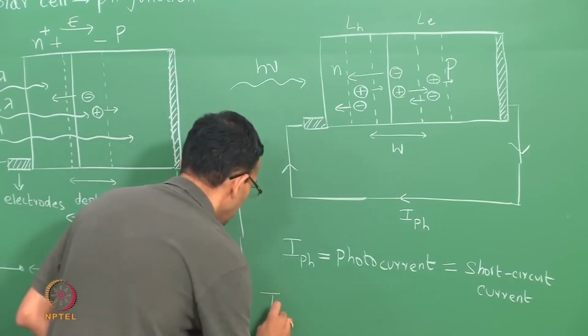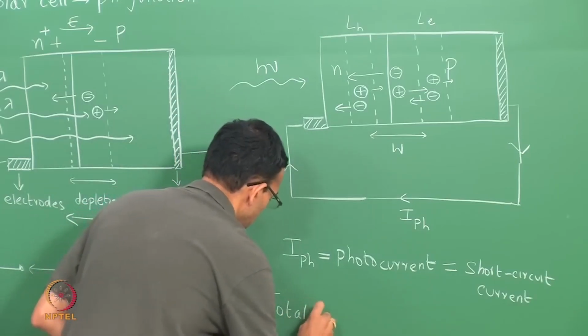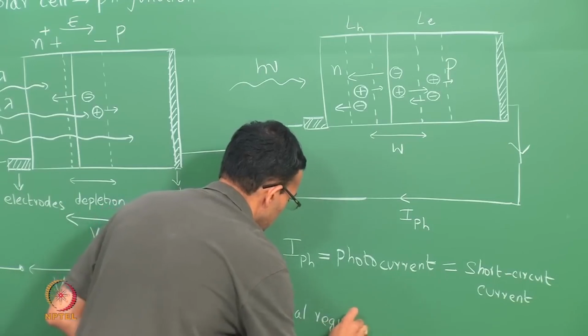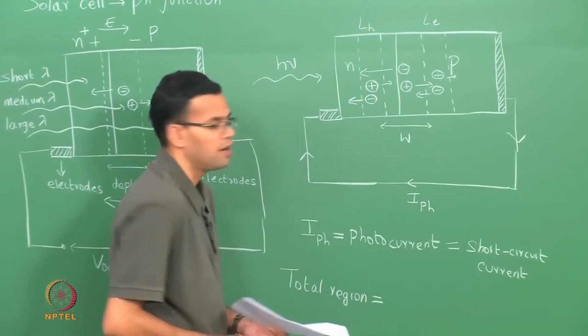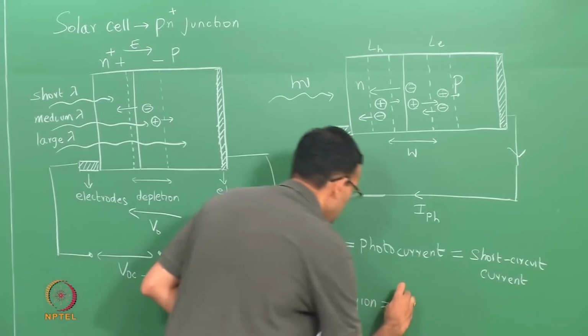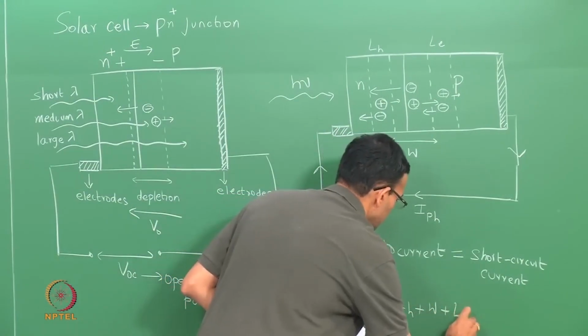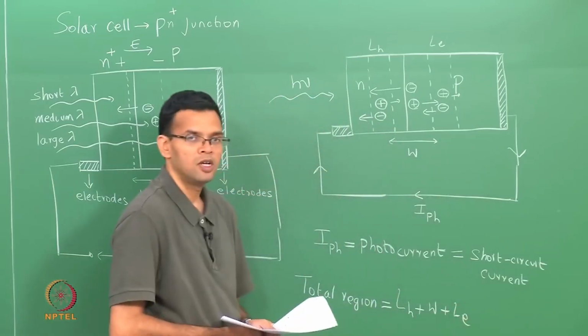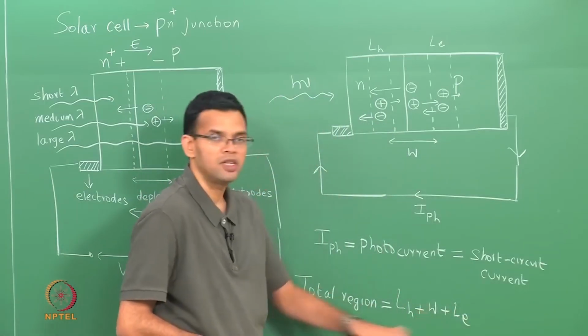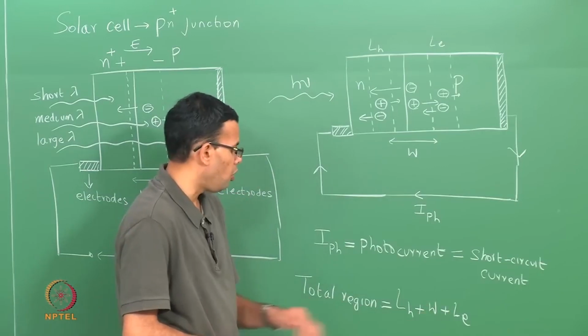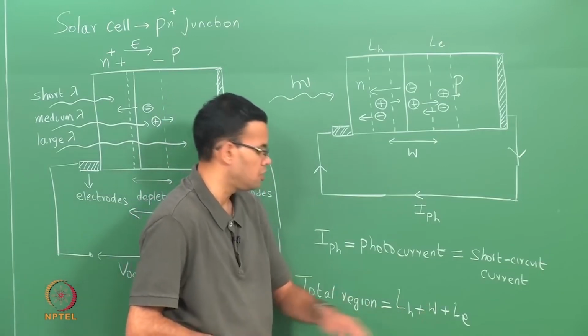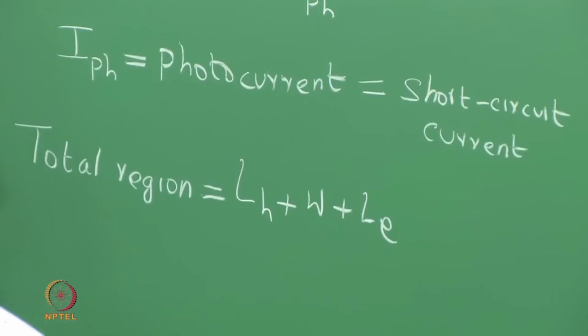So, the total region from which current is generated is LH plus W plus LE. So, it not only comes from the depletion region, but also from the diffusion regions in both the N and the P side.